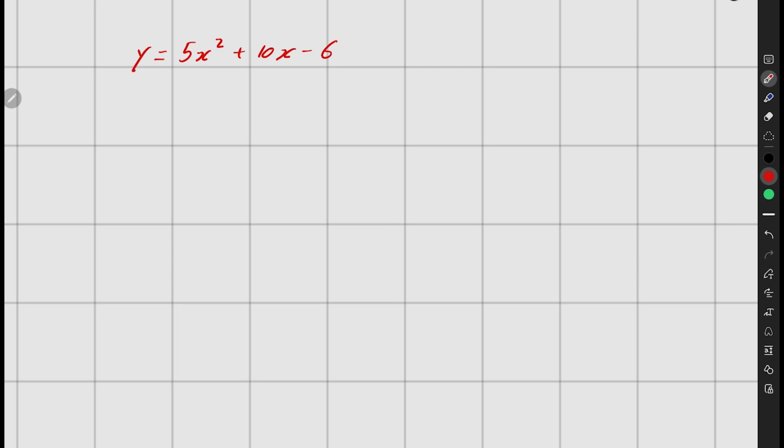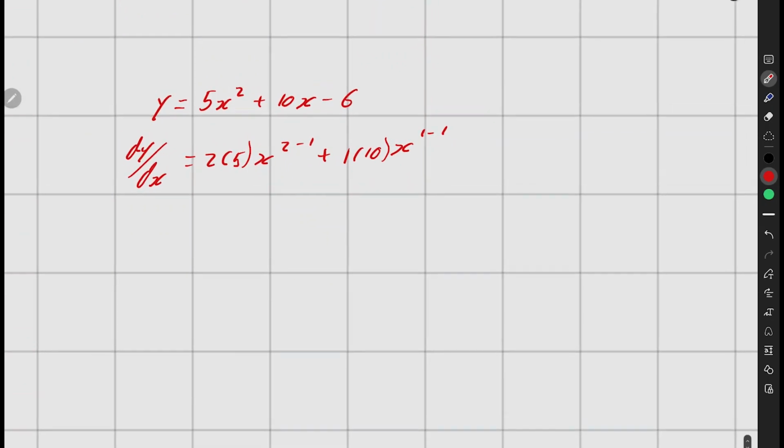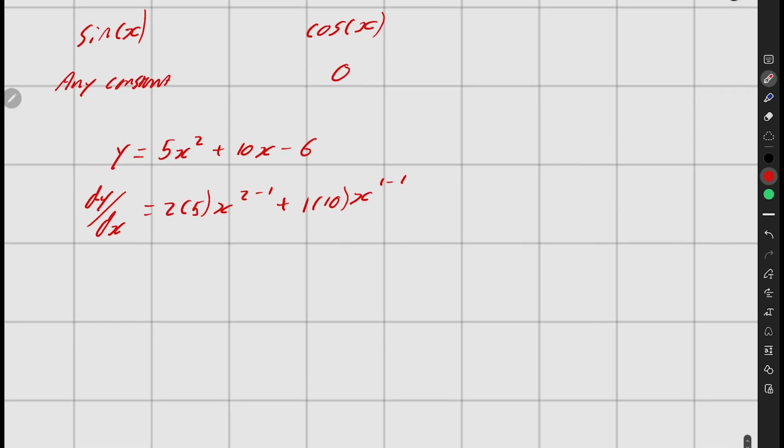So to differentiate this using the power rule, we're going to have dy over dx equal to, we're multiplying by the power, 2 multiplied by 5, x to the 2 minus 1, plus 1 times 10, x to the 1 minus 1. And yeah, sorry, the other rule for differentiation is any constant goes to 0.